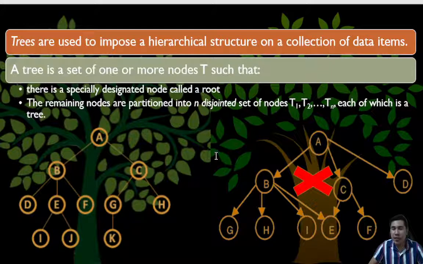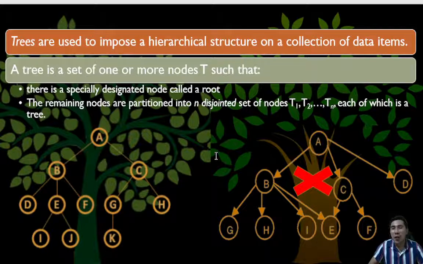On the right side, it forms like a tree, but it's actually not, because node B has an edge going to the other branch, leaf E. Later on you will learn the different terminologies that I am talking about.